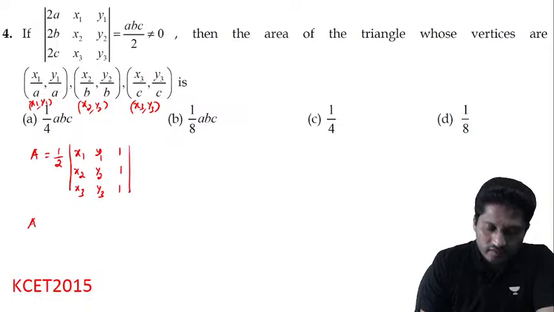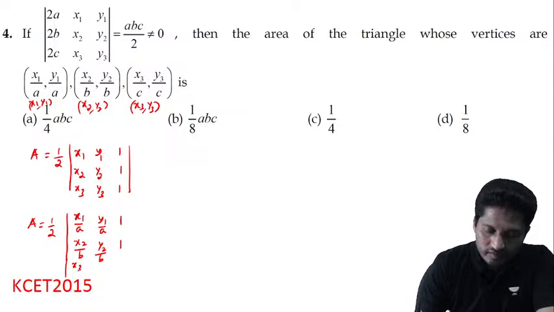Now area is equal to half of, if I substitute those vertices, x1 by a, y1 by a, and 1, x2 by b, y2 by b, 1, x3 by c, y3 by c, and 1.